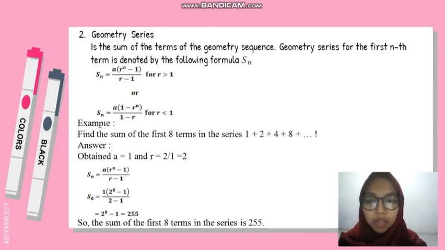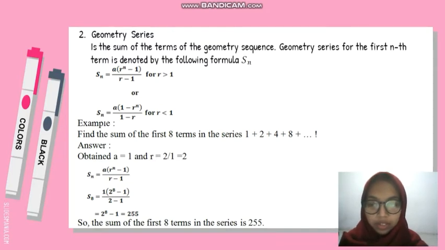Example, find the sum of the first 8 terms in the series 1 plus 2 plus 4 plus 8 plus and so on. The answer is obtained: a equals 1 and r equals 2 divided by 1 equals 2. So S sub n equals a times r to the power n minus 1 divided by r minus 1.